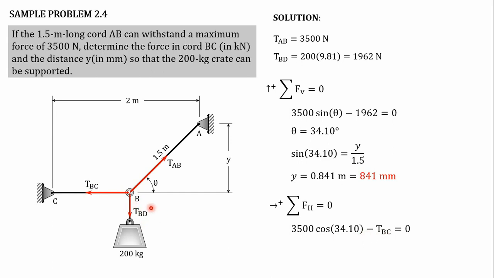Tension BD has no horizontal component, so it is 0. The summation of horizontal forces is equal to 0. There is one unknown, so we can directly solve tension BC, and tension BC is equal to 2,898.1 Newton. That is our final answer.